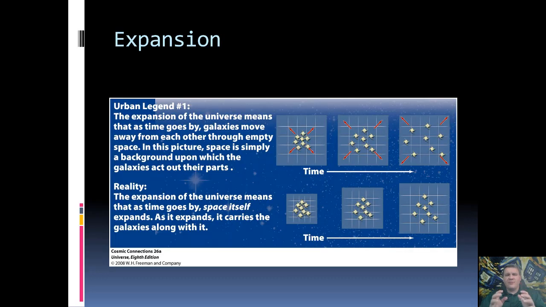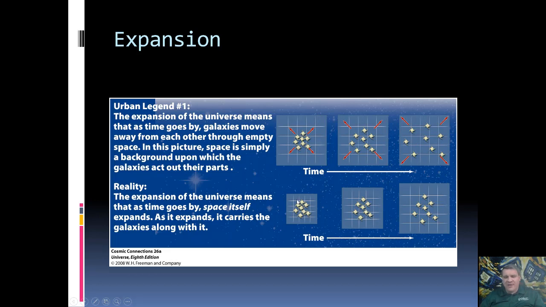So, some things that I want to bring out about this expansion of the universe. Sometimes when people hear it for the first time, they interpret it as galaxies simply moving away from each other. This is also kind of what we thought originally: the galaxies used to be close, and now they're moving apart. This is not what is happening.